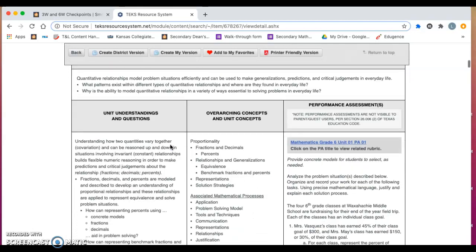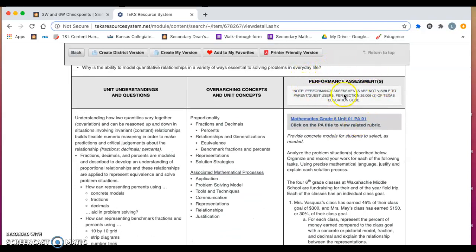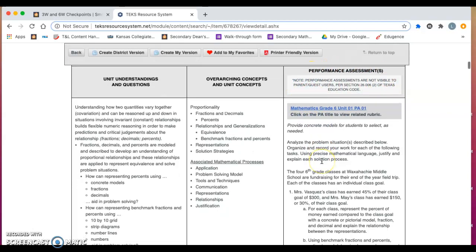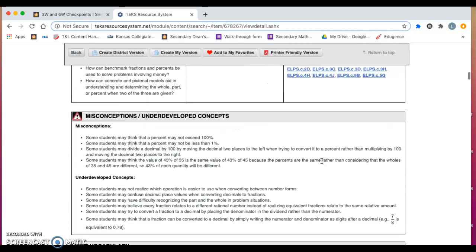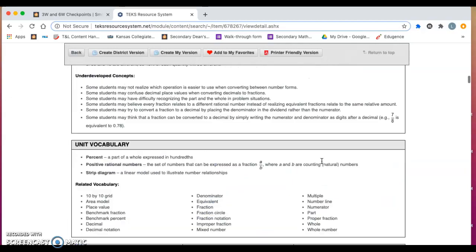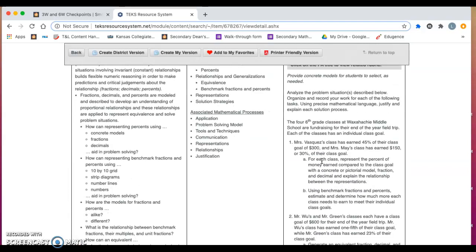If you continue to scroll down, on the far right-hand side of the screen, you see performance assessments. So if you look down, Unit 1 only has one performance assessment. But if you notice, it's rather lengthy.